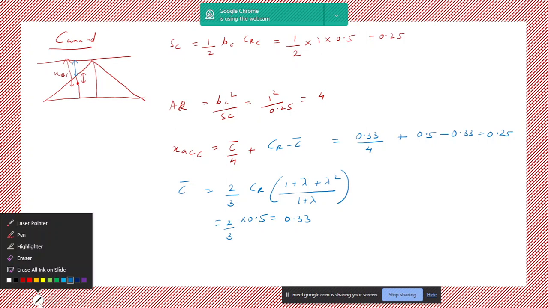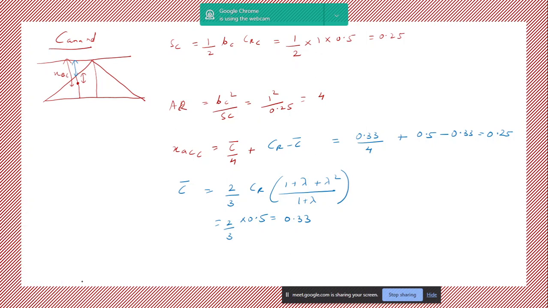What was your question? Okay, okay. So your XAC is this entire distance. Okay, this is your XAC of the canard. So that is what is given here. The red line plus the blue line. So any other questions?